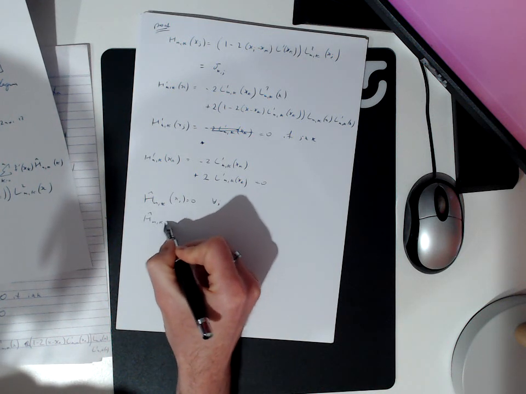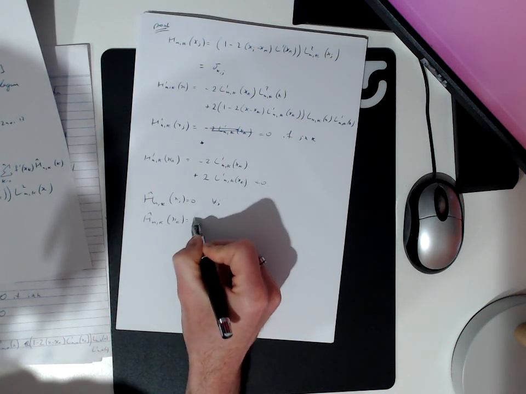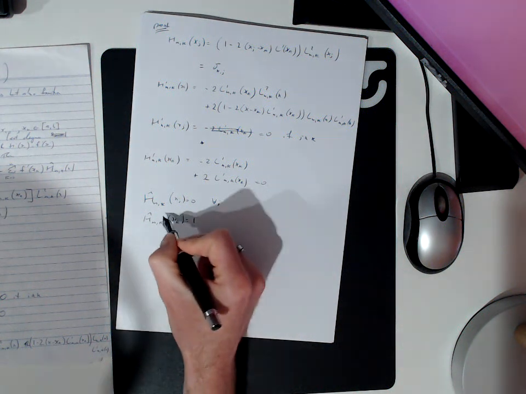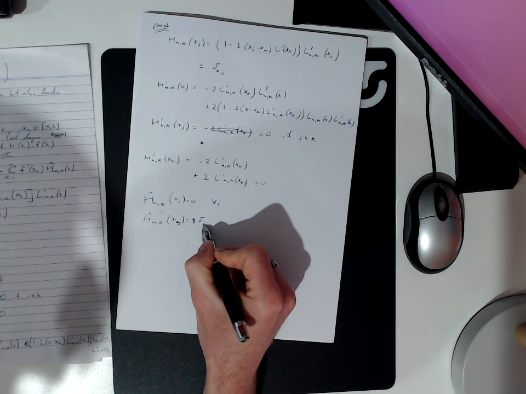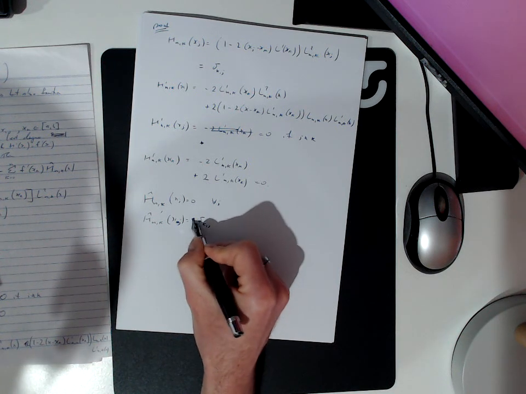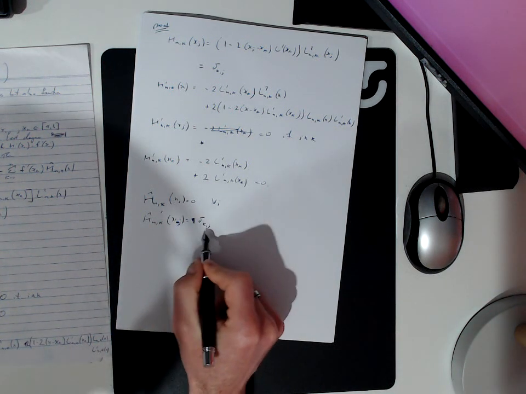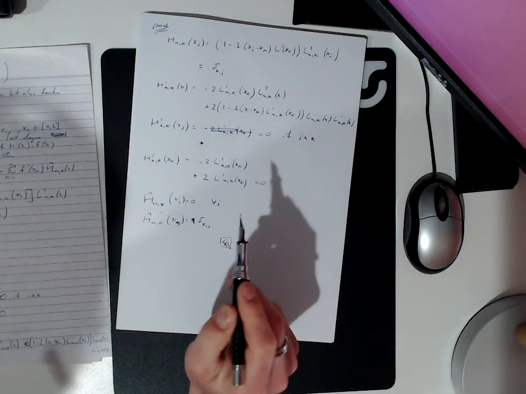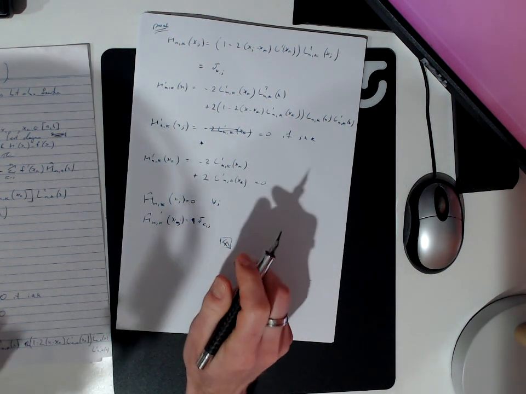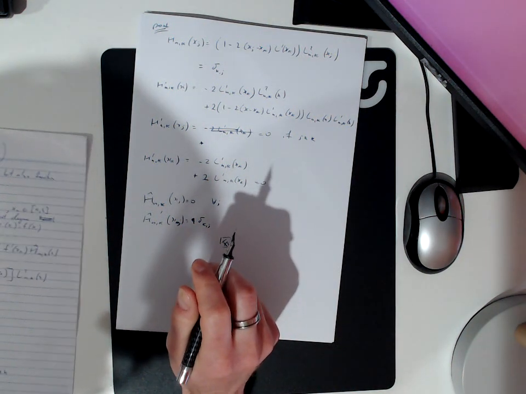And I suggest you work through the details of this yourself, because you can prove this as well. And these four results together give the theorem that we want to prove.